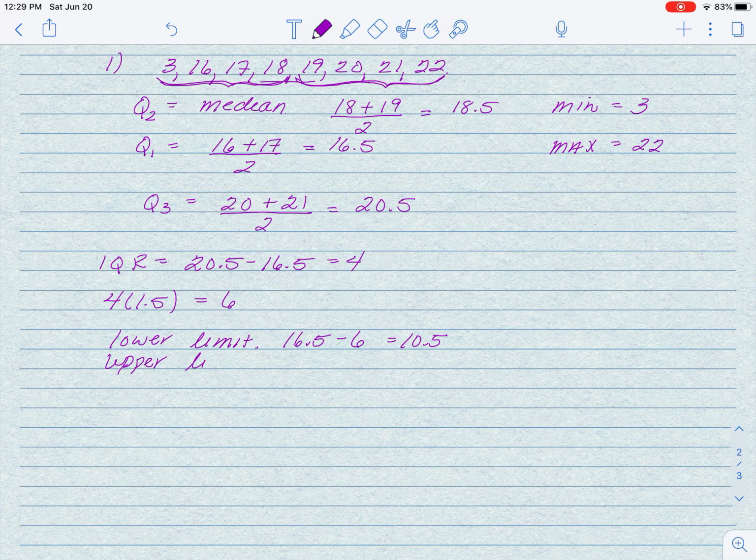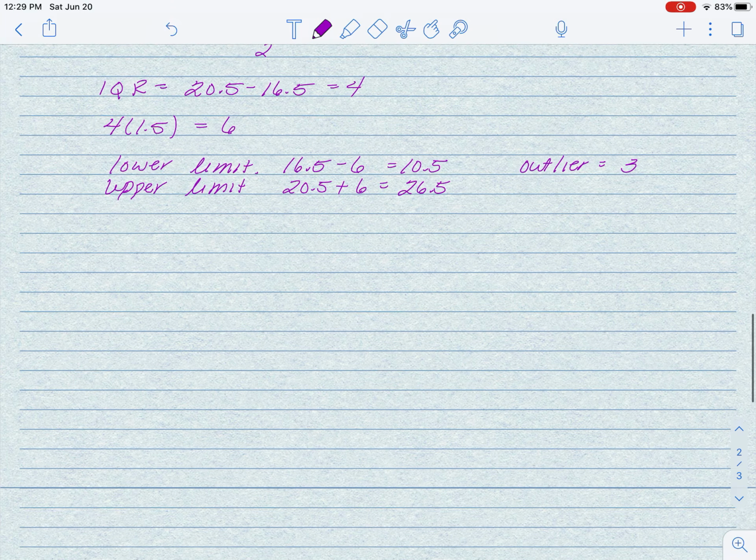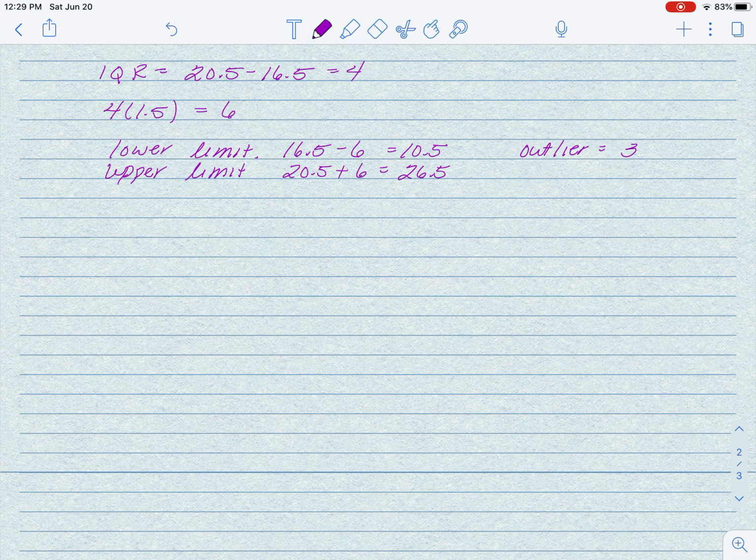So we do have an outlier. That outlier is 3, so we're going to say the minimum is really 16, the smallest data point that is not an outlier. All right, so now we're going to draw our box and whiskers. So we need a number line that will span the whole data set, even the outlier.